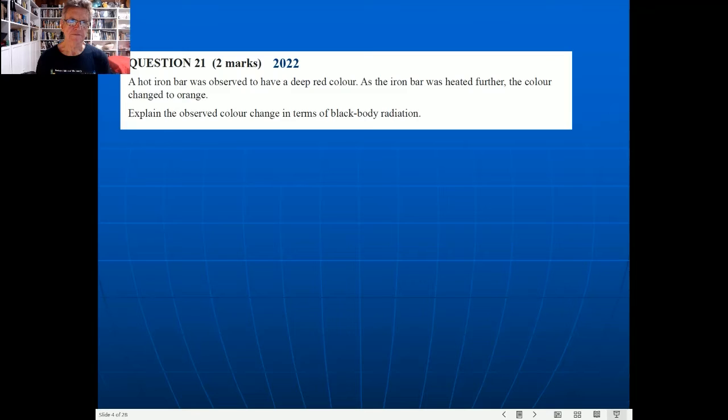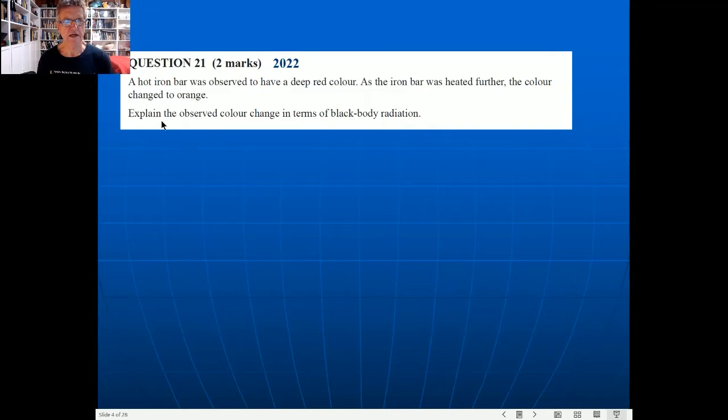Now, here's another one. It's actually question 21. It's 2 marks this time. This is from the 2022 paper, and as you read the first few words, you know it's coming. A hot iron bar has a deep red colour, and as it's heated further, it changes to orange. Explain.